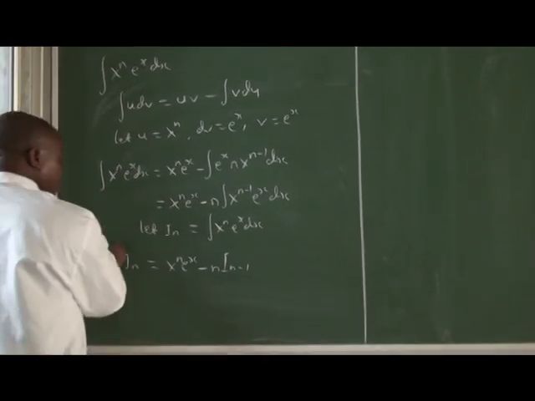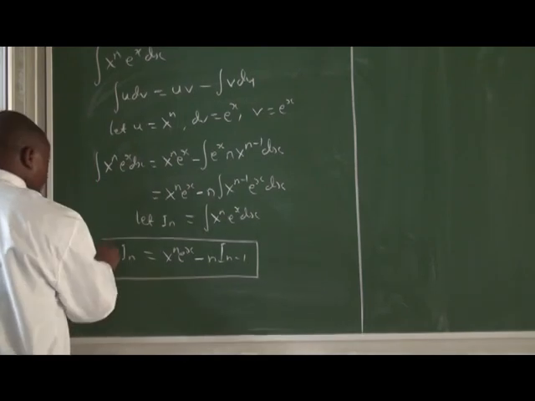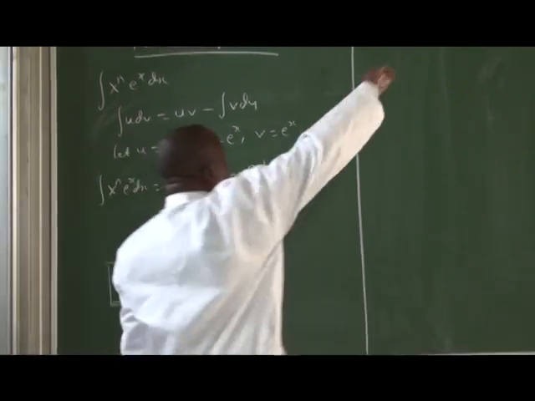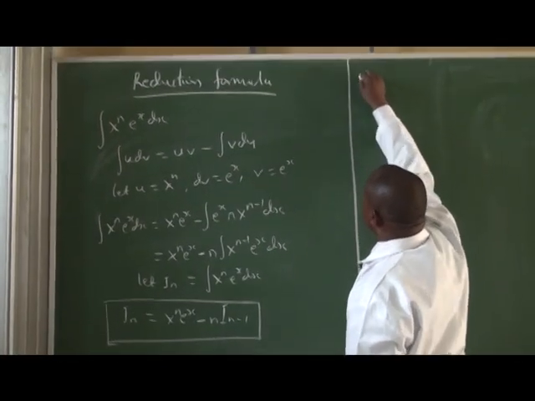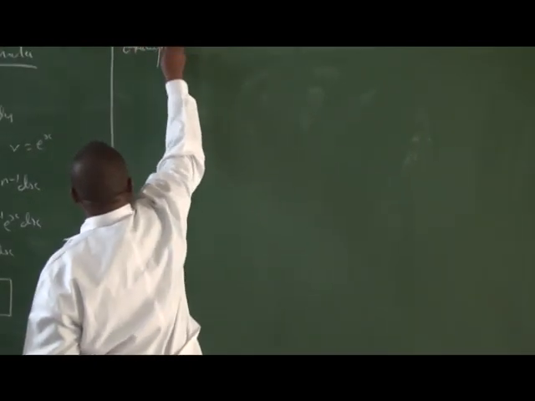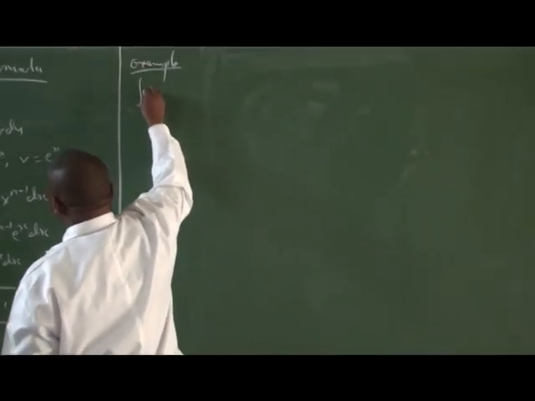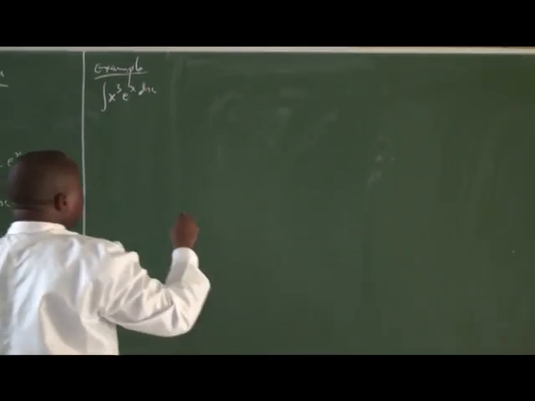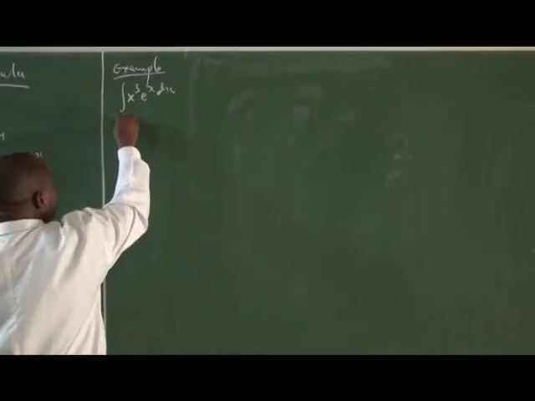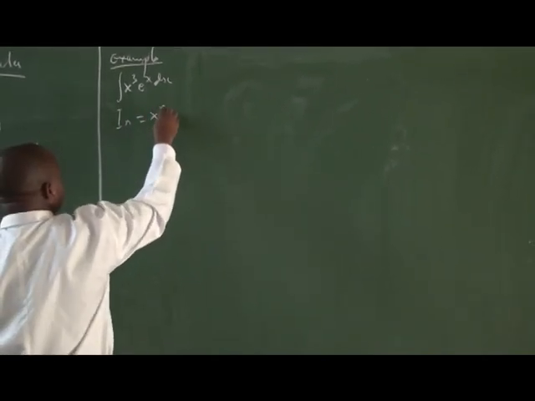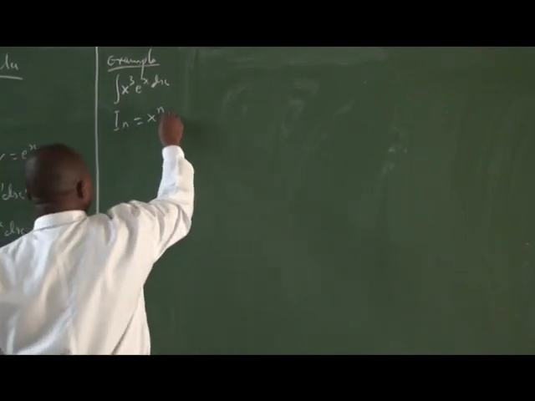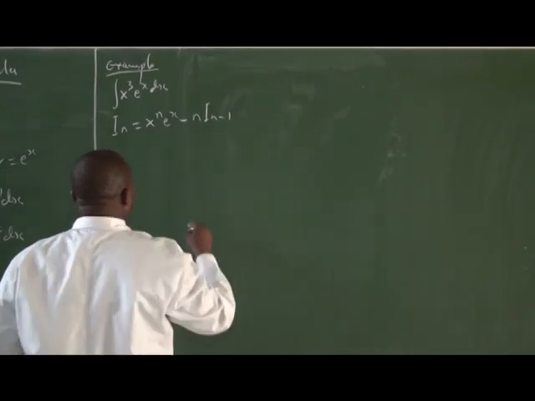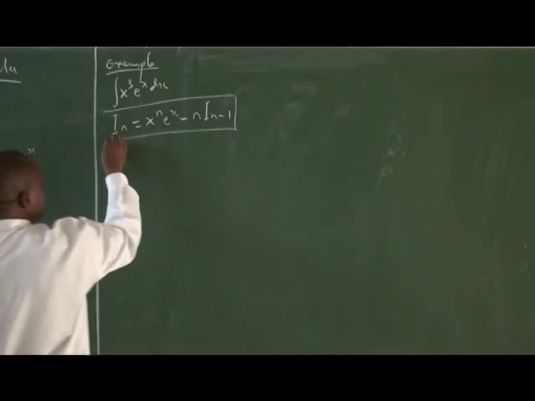Now this is the reduction formula for the integral of x^n e^x. Now look at the example. If I want to integrate something like the integral of x^3 e^x dx using the reduction formula, I_n is equal to x^n e^x minus n I_(n-1). This is the reduction formula which we know.